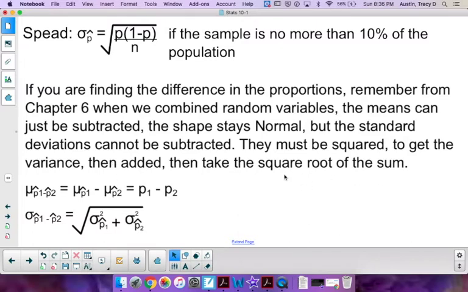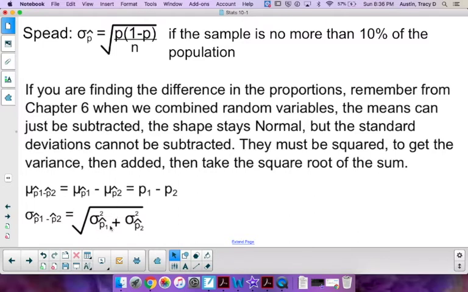Remember also that even when we were finding the difference between those random variables, we still had to add the variances, because the standard deviation gets bigger when you're talking about two groups, even if you're subtracting their means or their proportions. So all of that means the proportions can be subtracted straight out, and that's the mean of the sampling distribution. The standard deviation, though, we have to combine our two standard deviations, and then take the square root afterwards.